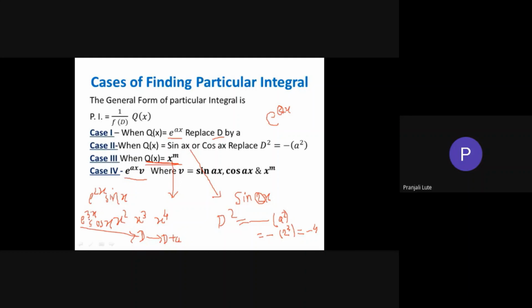So according to case number 2 and case number 3, you have to apply the case and simplify this, you get the answer.